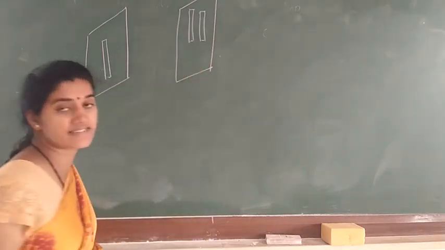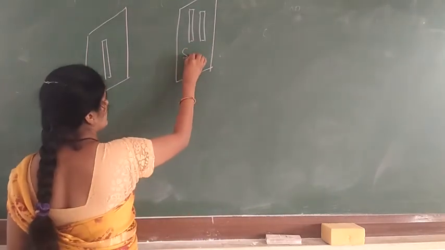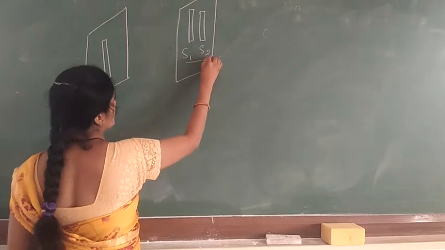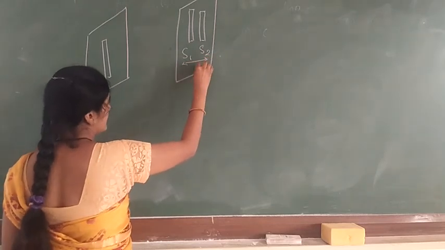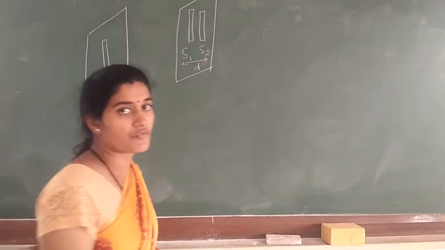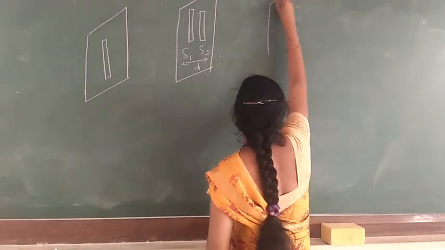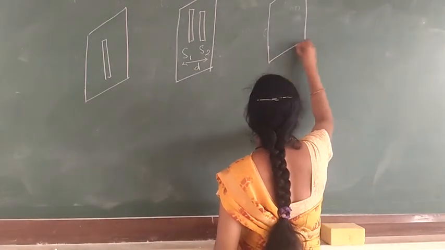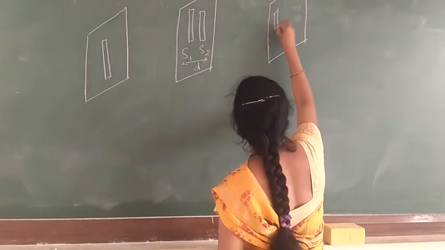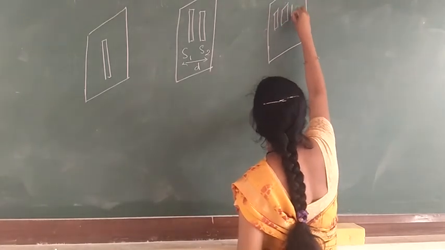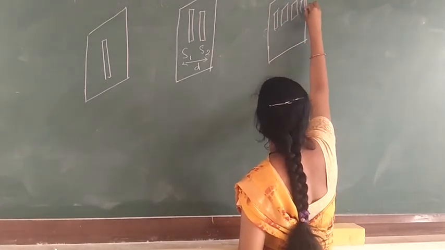One is S1 and the other one is S2. The distance between them we are considering as d. When this is made to fall on the screen, we are getting dark fringes and bright fringes.